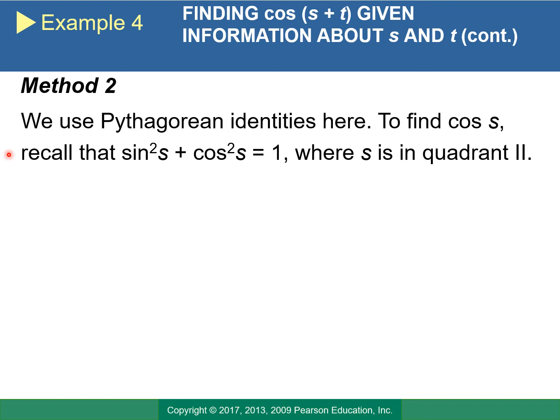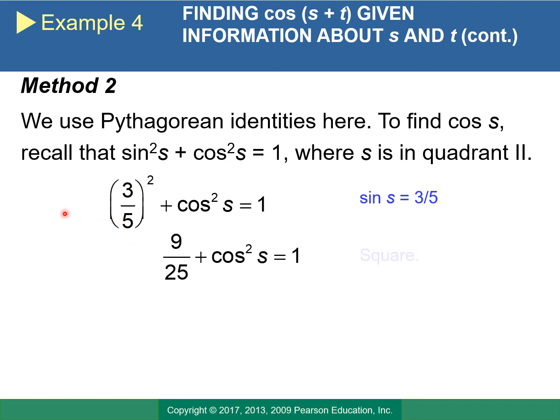Okay, so we're going to use our Pythagorean identity, sine squared plus cosine squared is 1. We were told what sine of s equals, so we plug that in for sine s, and then we start simplifying. Square this value to get 9 over 25, and then subtract 9 over 25 over here.